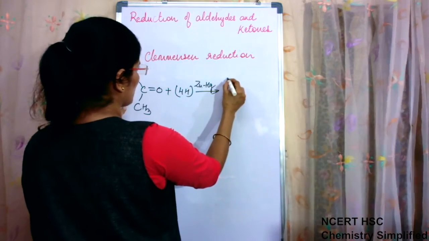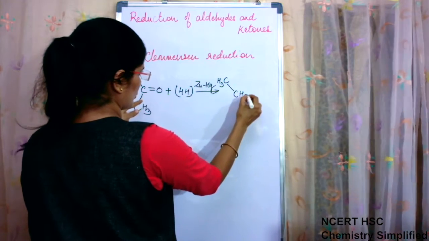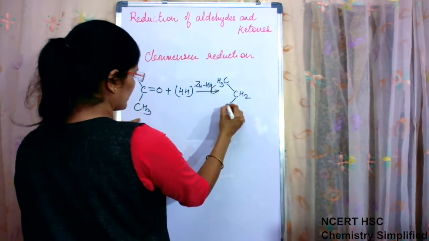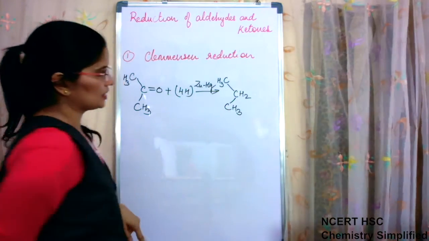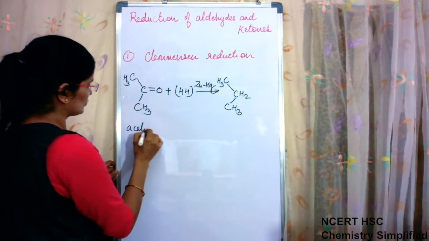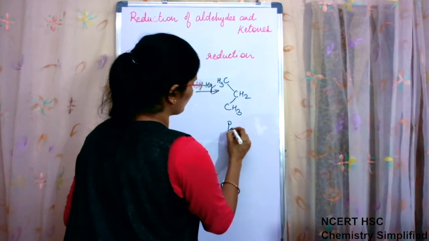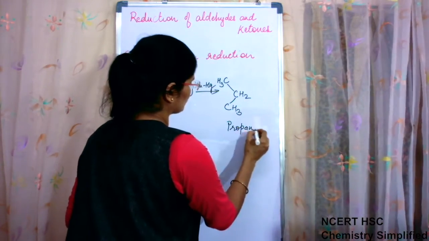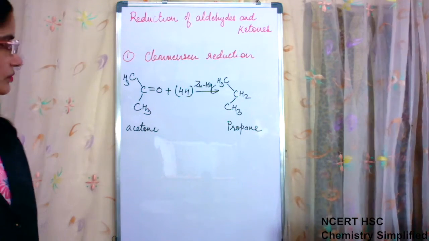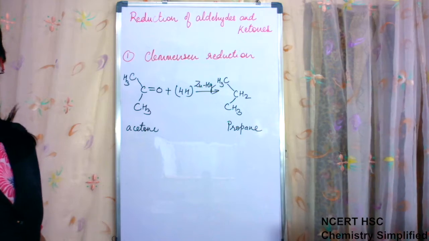So it will be CH3, this C will have two hydrogens, and already there was CH3. So this is acetone or propanone, which is converted into propane. So this is Clemmensen reduction.